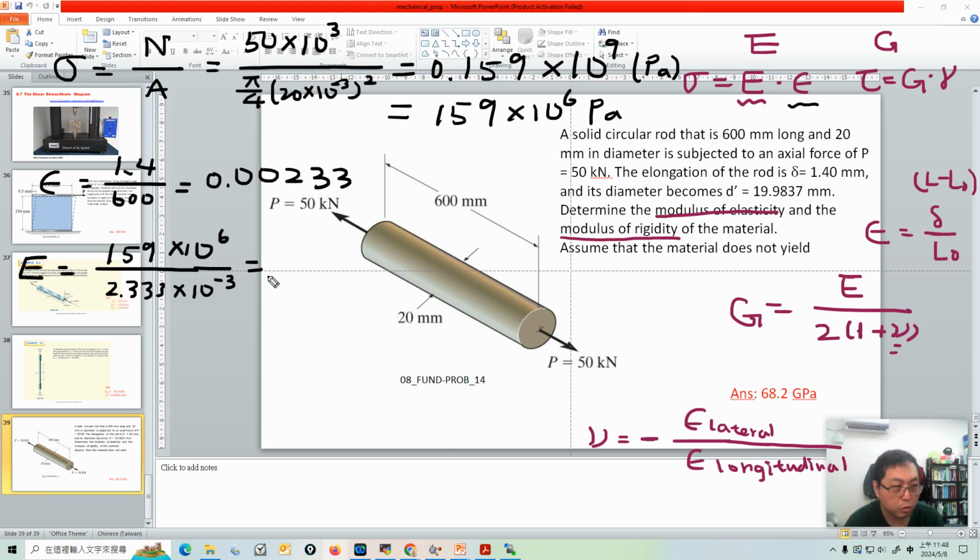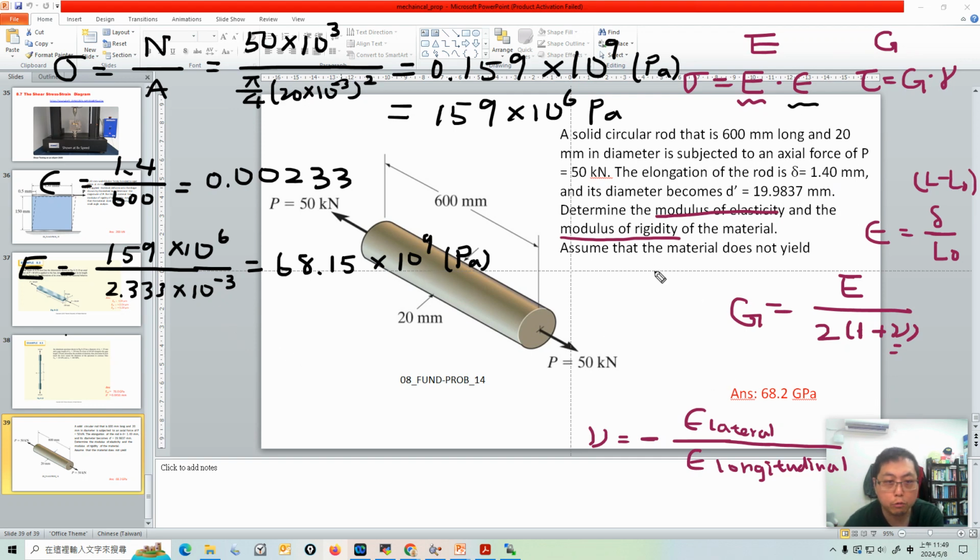So 159 divided by 2.333 is about 68.15, times 10 to the power 9 Pa. So it's about 68.15 gigapascal. It looks right. Don't forget giga is 10 to the power 9.